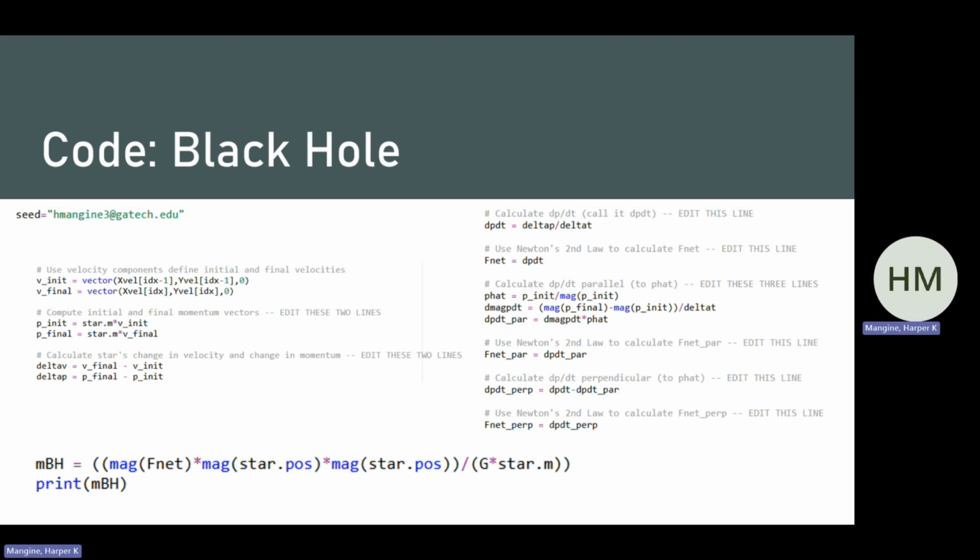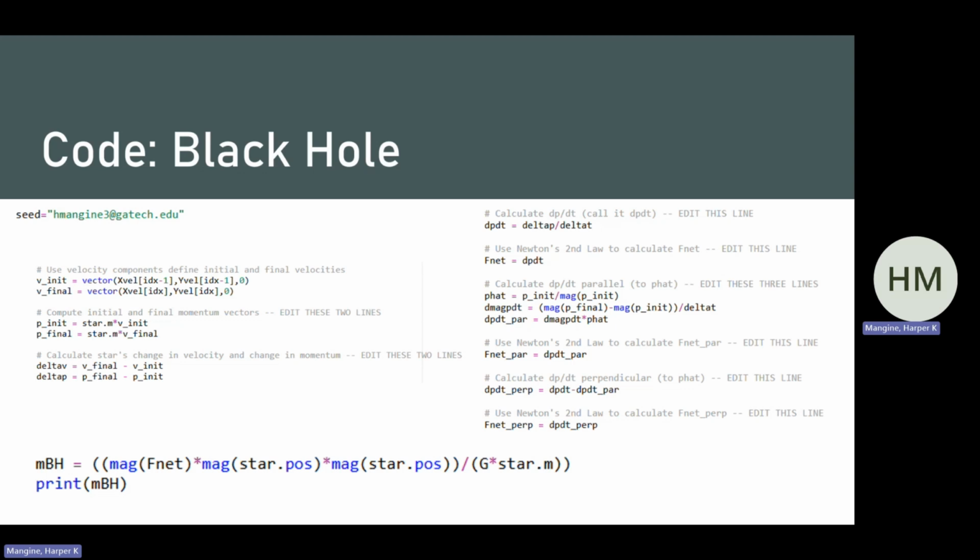So for the black hole code, the seed was my GT email. We had to calculate the initial and final locations and velocities, and then find our delta V and our delta P, and then also calculate delta P over delta T, or I guess technically the derivative dP dt, and we set the net force equal to that.